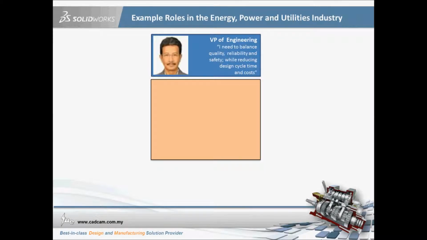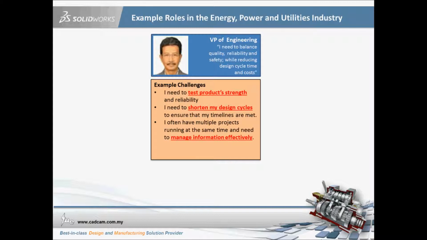Whereas for VP of Engineering, I need to balance the quality, reliability, and safety while reducing design cycle time and cost. So examples of challenges: I need to test product strength and reliability, I need to shorten my design cycle, and I often have multiple projects running at the same time and need to manage information effectively.